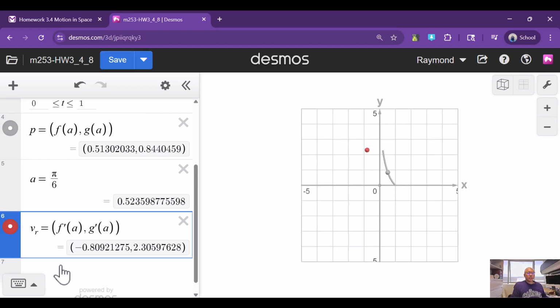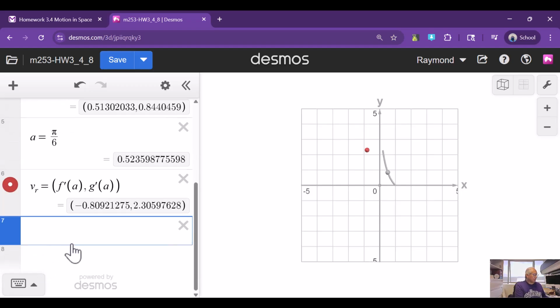Okay, now to actually create a vector, we type in vector, and then we need the starting point, which is going to be at the point, and then the ending point is going to be the point plus that vector that we just found, v sub r.